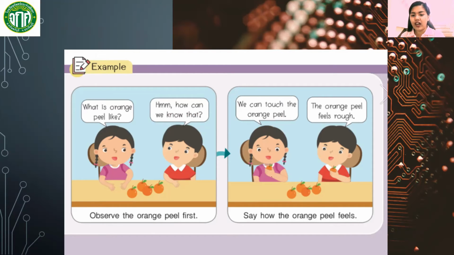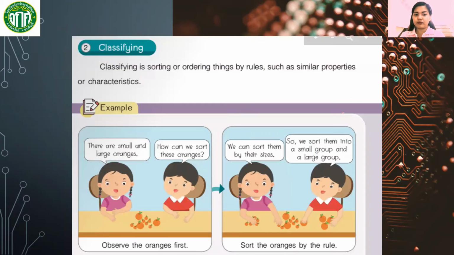Now they touch the orange peel. The boy says, the orange peel feels rough. As a result of their observation using their sense of touch, they find out that the orange peel feels rough. You understand? So in this observation, they use their sense of touch. Okay, next.